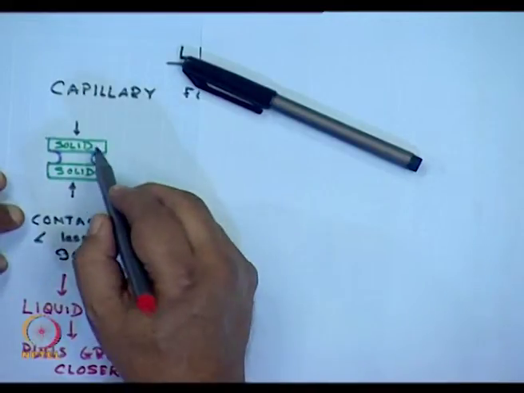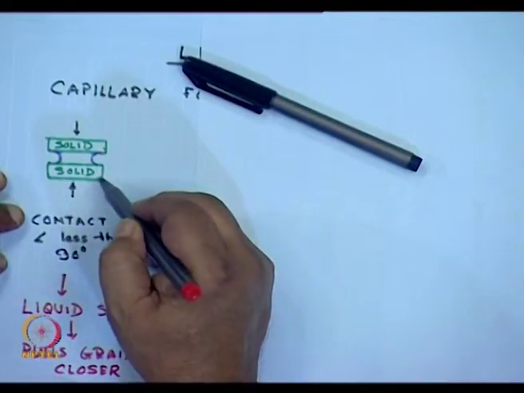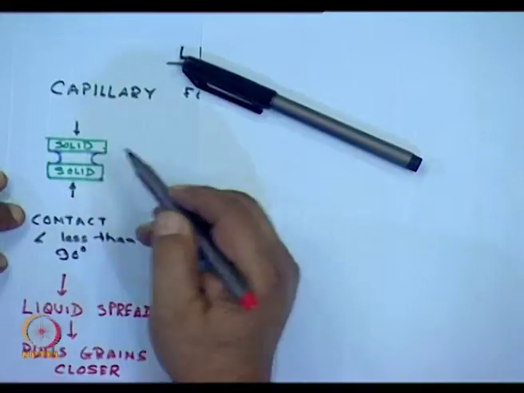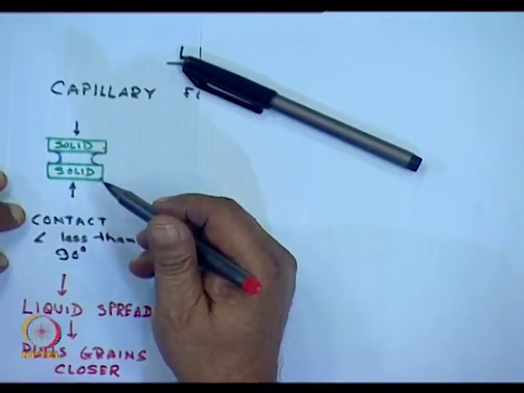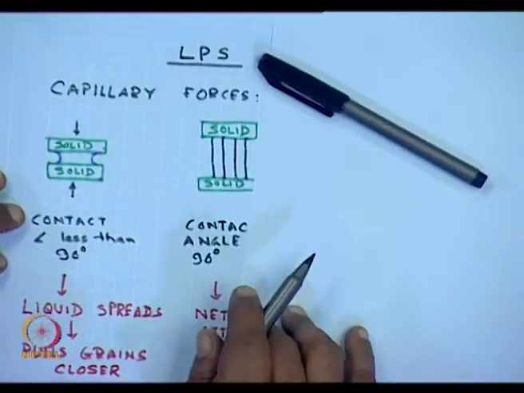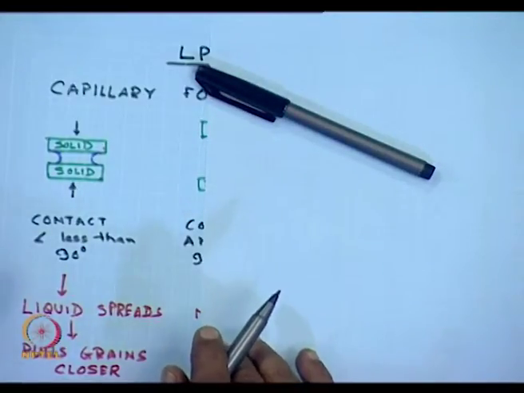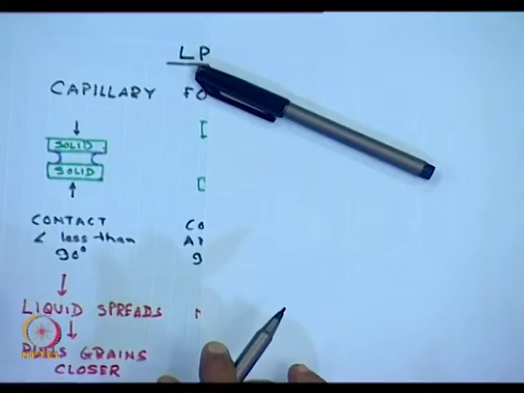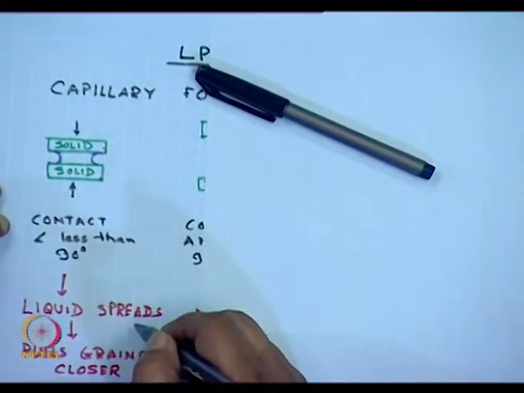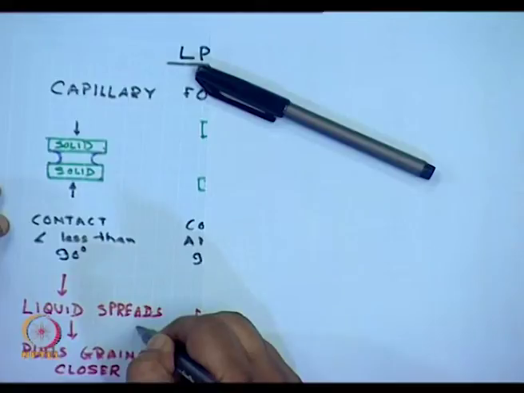This is a solid grain, and the liquid wets it. In that case, the contact angle, the wetting angle, is less than 90 degrees, and the liquid spreads.